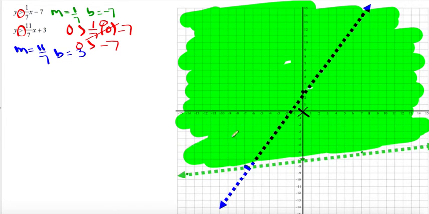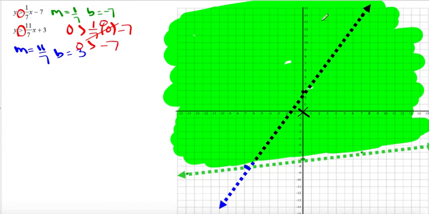So I'm shading this side because it includes the 0, 0 point.